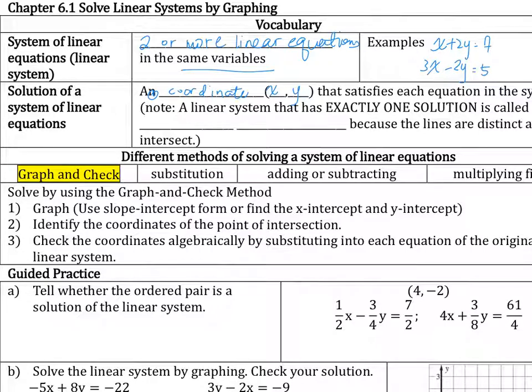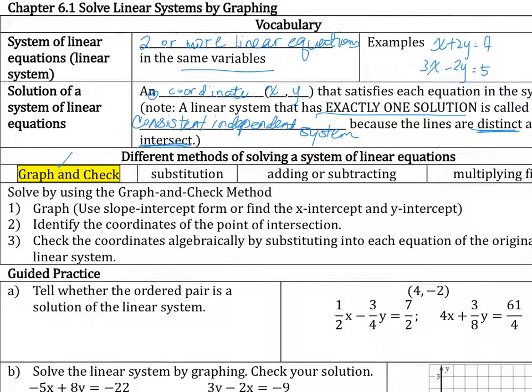Note, a linear system that has exactly one solution is called a consistent independent system, because the lines are distinct and intersect. And there are different methods of solving a system of linear equations, and I'm going to show you the graph and check method first.